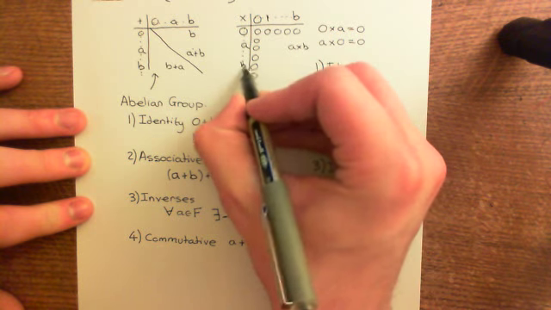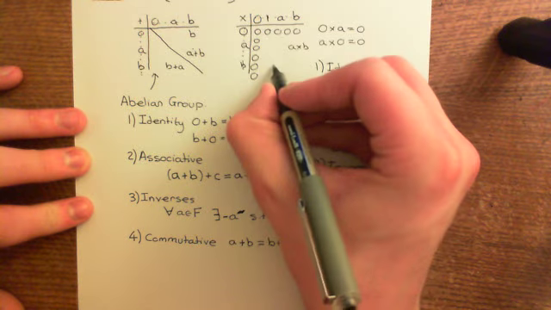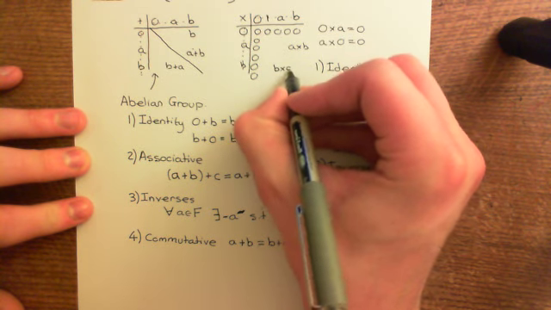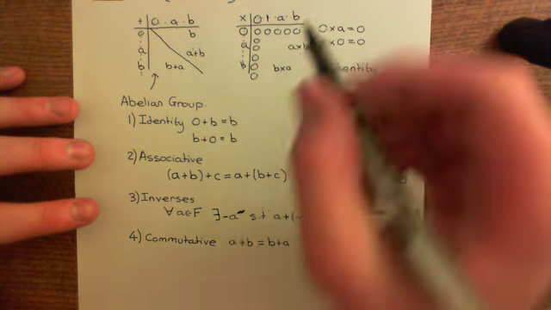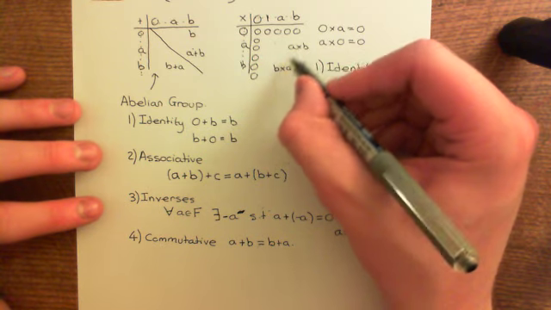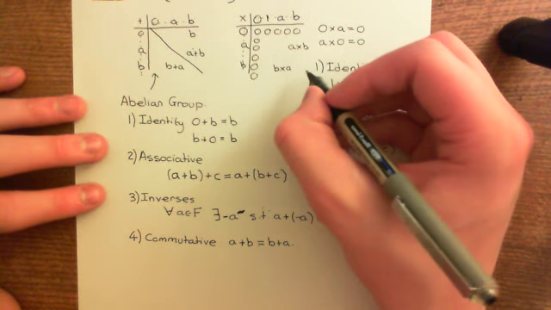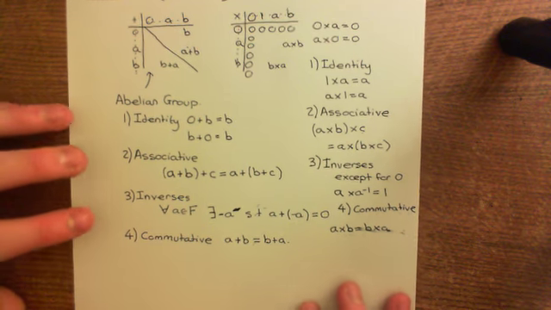If you take B and, whoops, have I smudged that? Yes. If you take B and multiply it by A, you'll get this answer down here. And you want those to be the same. Those entries need to be the same. So entries that are opposite one another, or reflections of one another in the diagonal line, should be the same, basically, is what commutativity tells you.